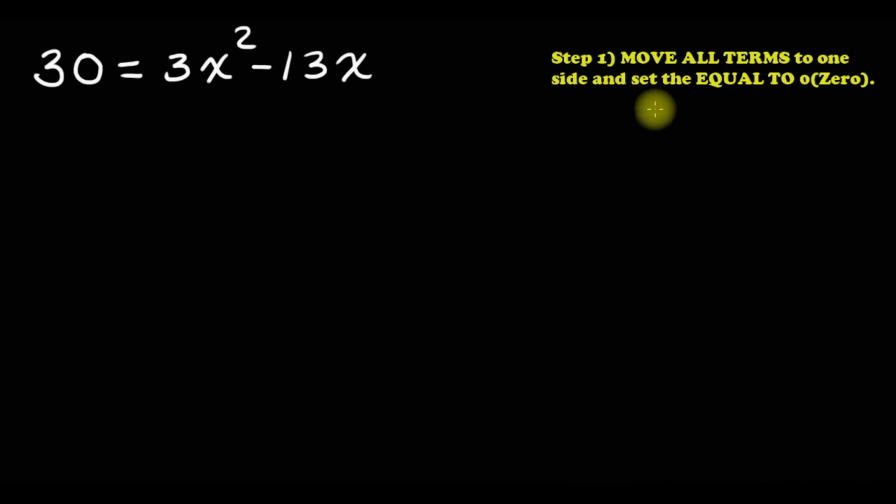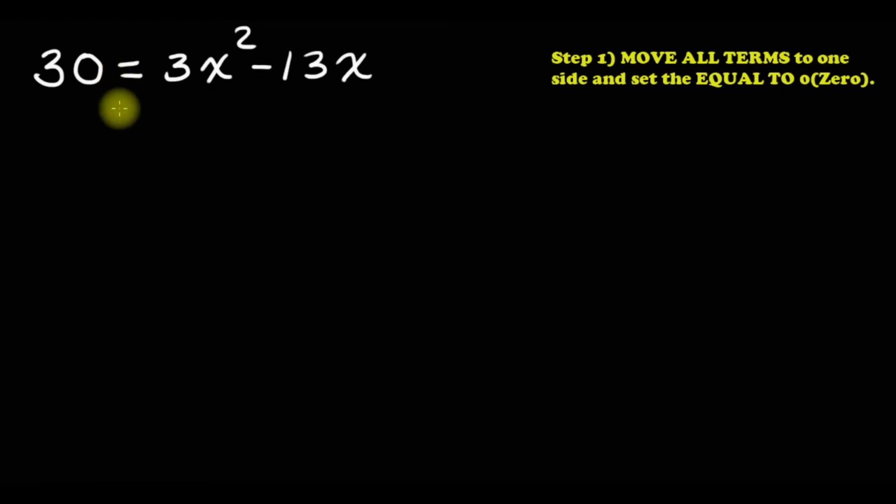Step 1 is to move all terms to one side and set the equation equal to 0. So if you look at the equation, it's not equal to 0. So what we have to do is set it equal to 0 by getting rid of the 30. How do we get rid of this 30?